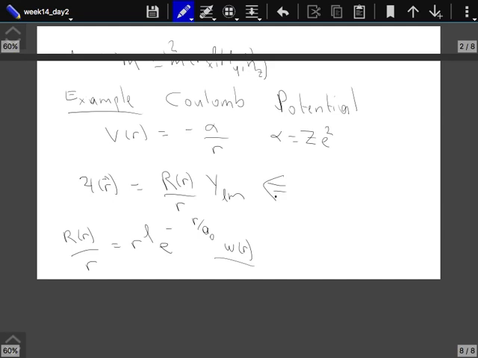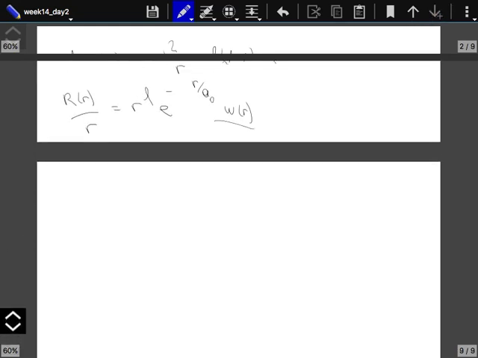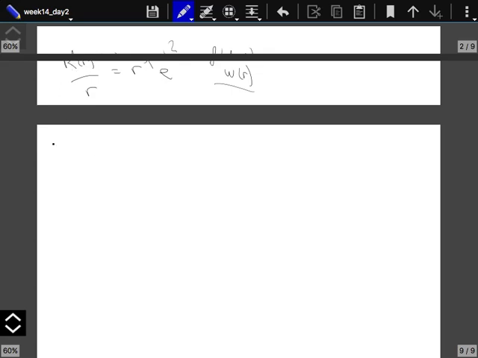Now, of course, if we were to look at a problem involving the spin, let's say spin 1/2 as a particular case.